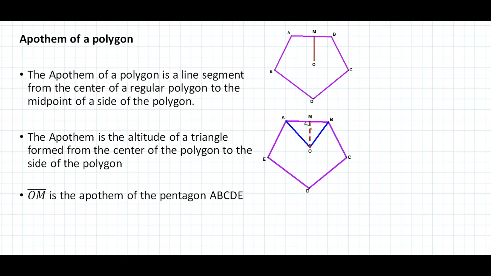And so this is very important information, because we're going to use this to find the area of the pentagon. And so we can see here that the line segment OM is your apothem.